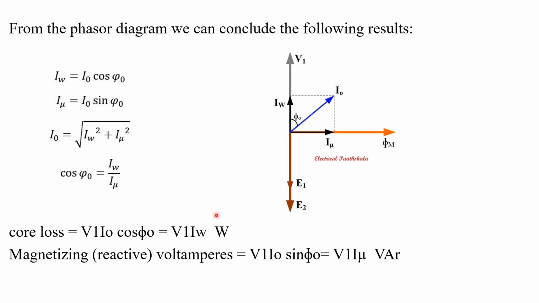In this case, the no load input power W0 is equal to the core losses in the transformer, that is V1 I0 cos phi 0. Since I0 cos phi 0 can be replaced by IW, we get the no load input power as V1 IW watts.